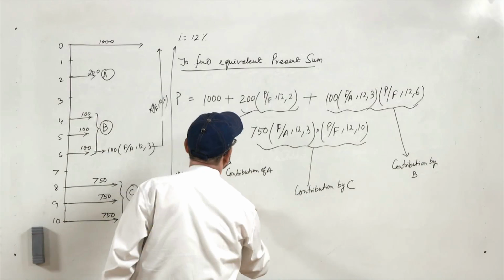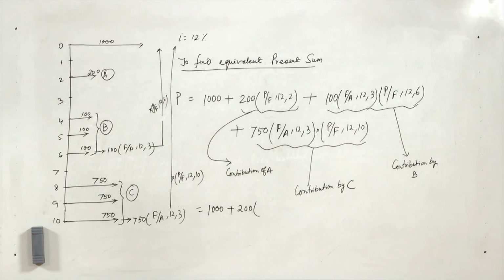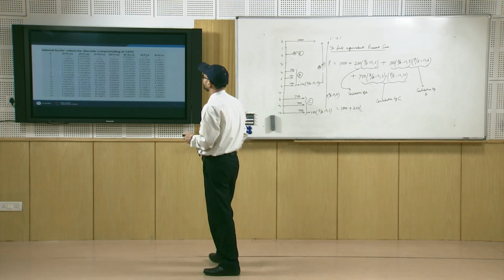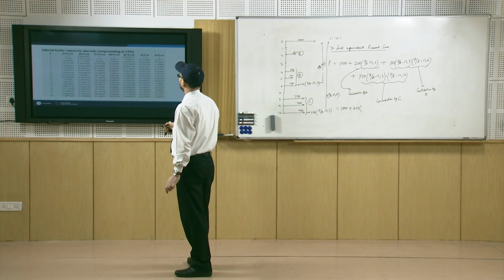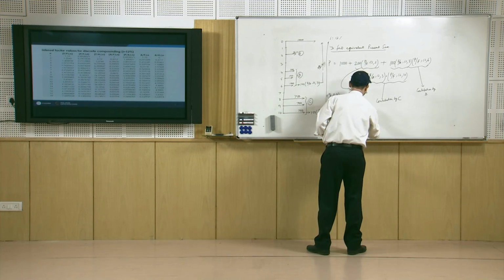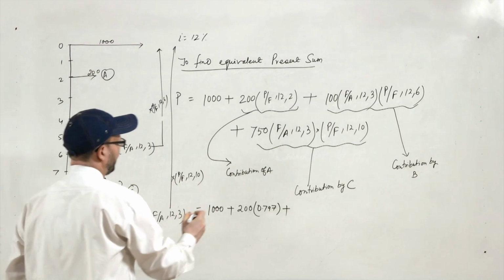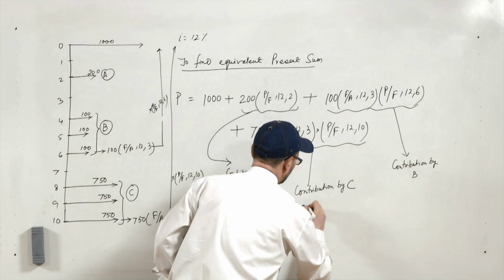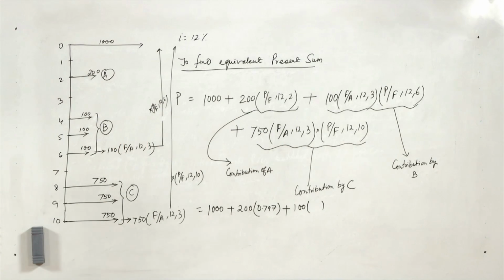1000 plus 200 P by F 12 2. We can refer to the table: P by F 12 2 is 0.797, plus 100 into F by A 12 3.